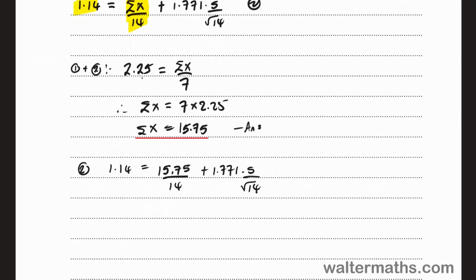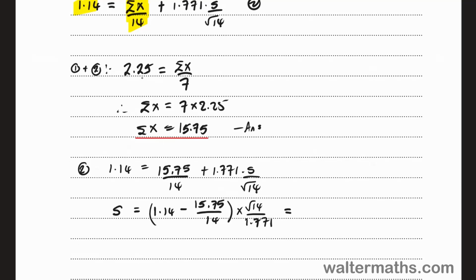Right, so we can actually find s, making s the subject here, and we can do that by saying 1.14 minus 15.75 over 14, and we multiply that by root 14 over 1.771. So I've just made s the subject, right?